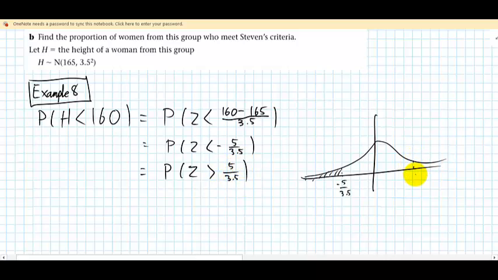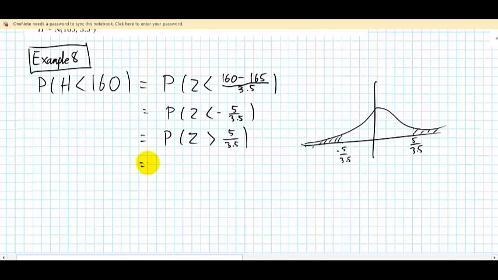So we get this scenario here. We are going to have to use the 1 minus method to make it less than positive form. So z less than 5 over 3.5.